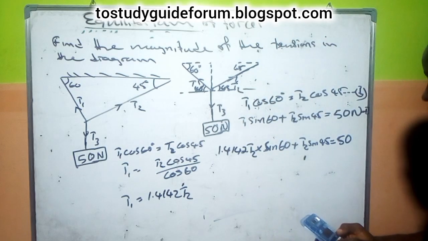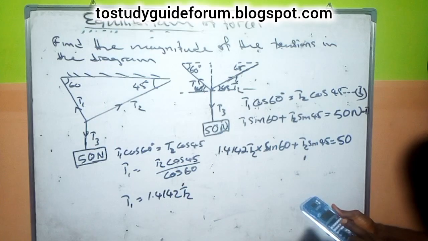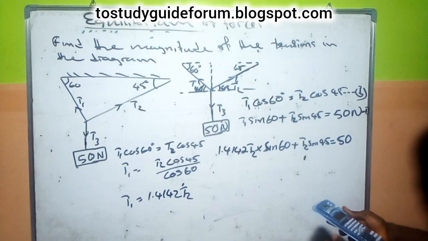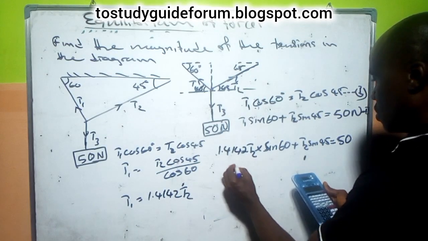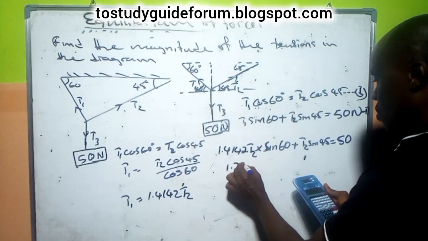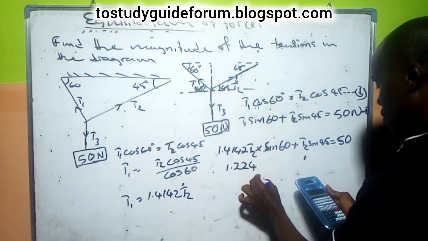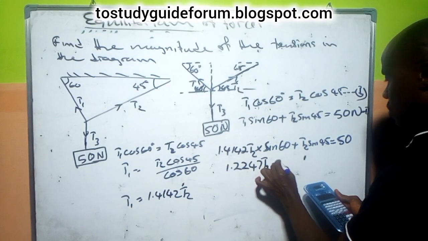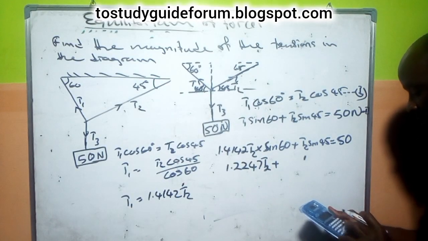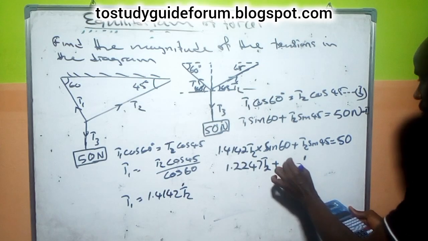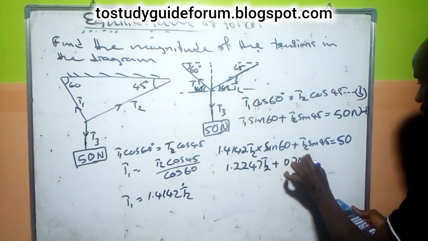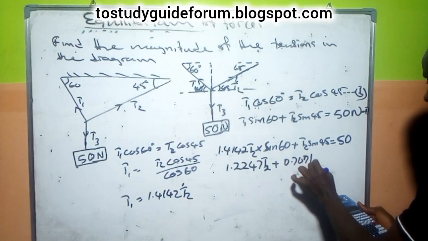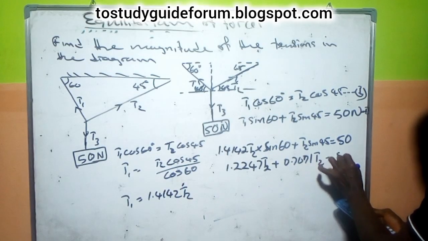So sine 60 multiplied by 1.4142 will give us 1.2247 T2, plus sine 45, that will give us plus 0.7071 T2 equal to 50.